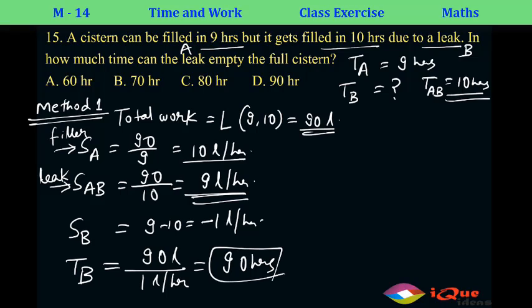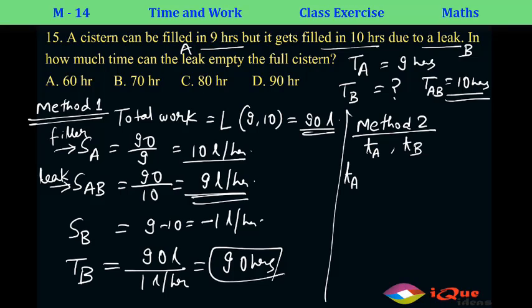Now, method 2. Let's look at method 2. What is method 2? We can directly apply a formula. Let's say the time taken by the filler pipe is TA, and the time taken by the leakage alone is TB. If both were working together, the time taken by A and B together would be TA into TB upon TA plus TB.